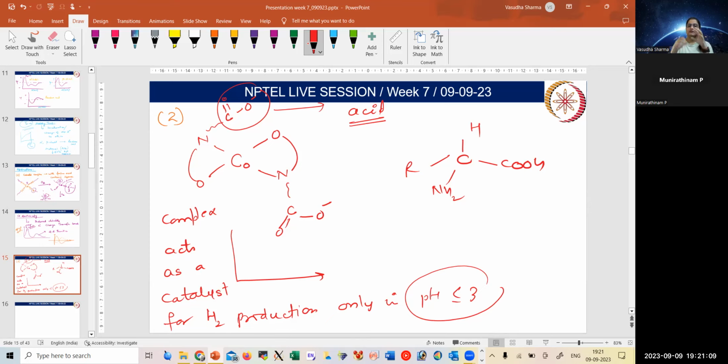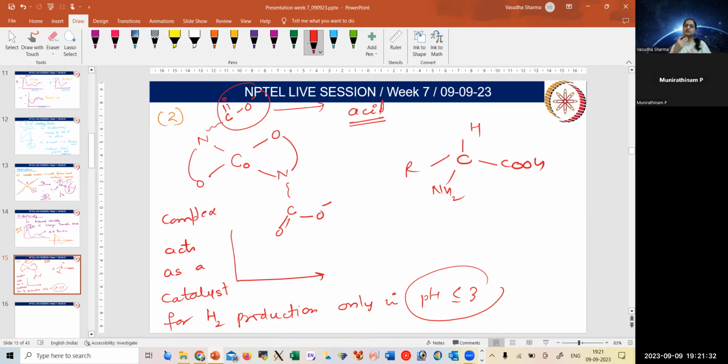In research in the chemistry field, we have seen a lot of complexes doing a lot of applications, and they have been known as catalyst systems. H2 production is a very important and burning area right now. We need a source of energy, and H2 production is being seen as a source of energy.